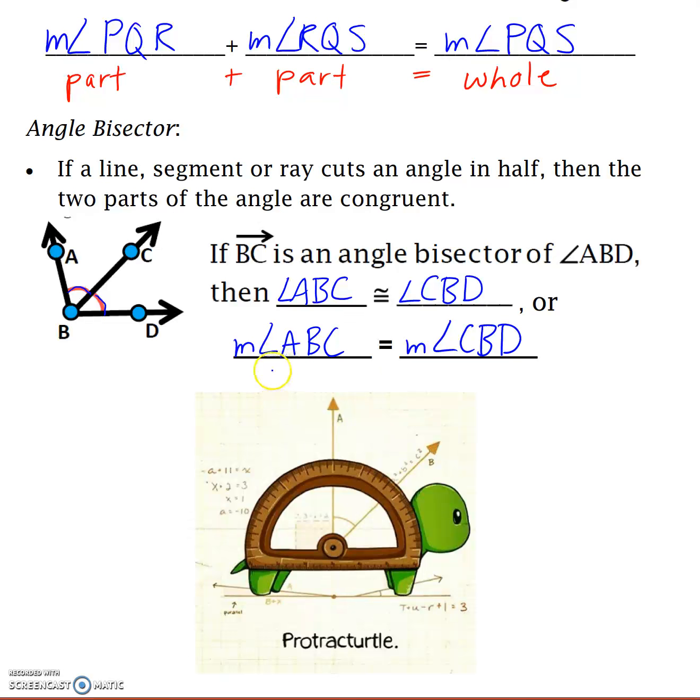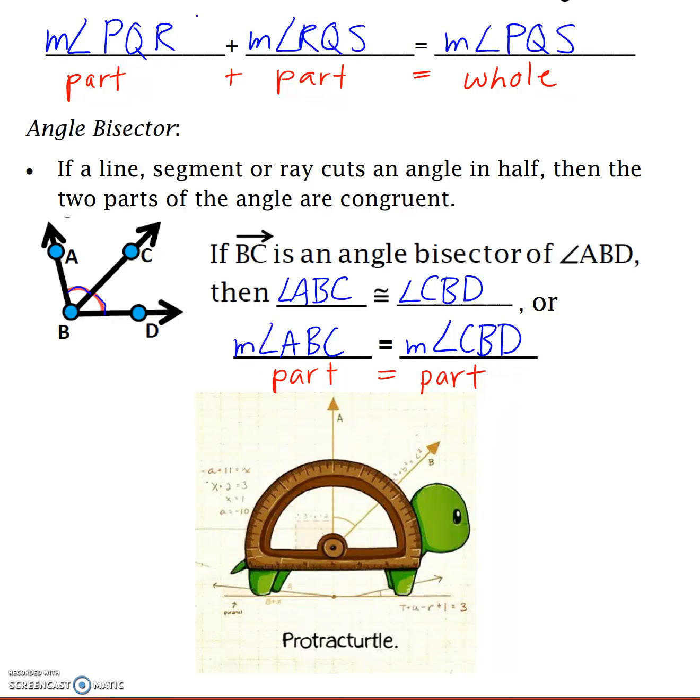And that, in this case, is going to be part equals part. So let me write that in a different color for you. These two parts are equal, so they're congruent, so we can set them equal to one another. This is going to be part equals part.